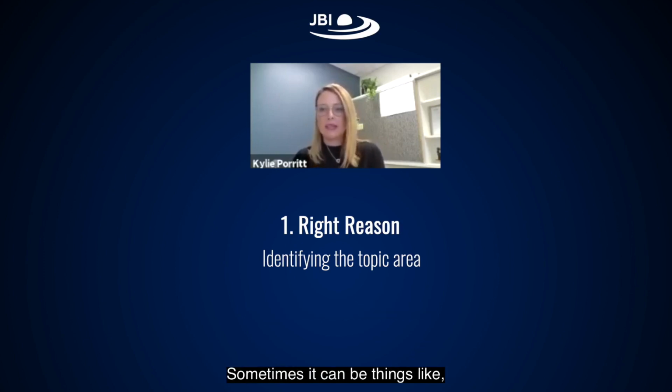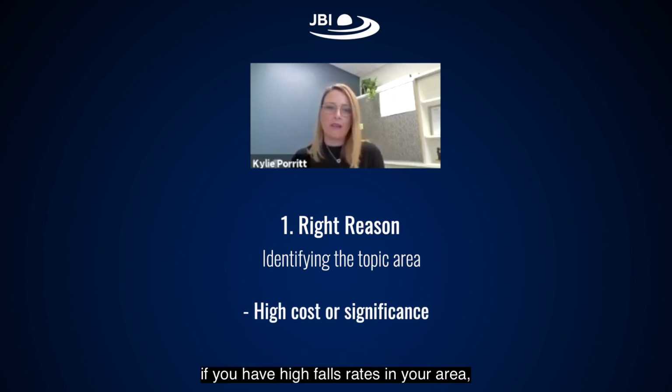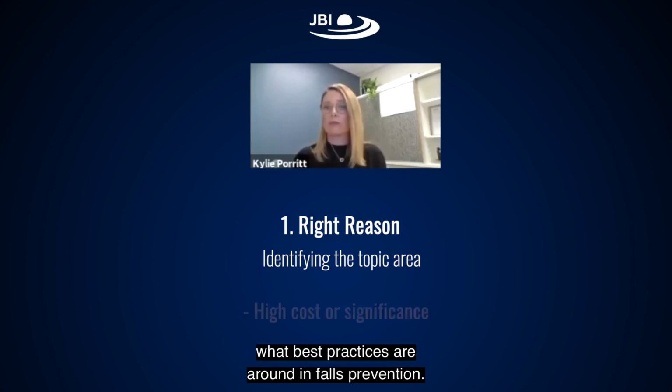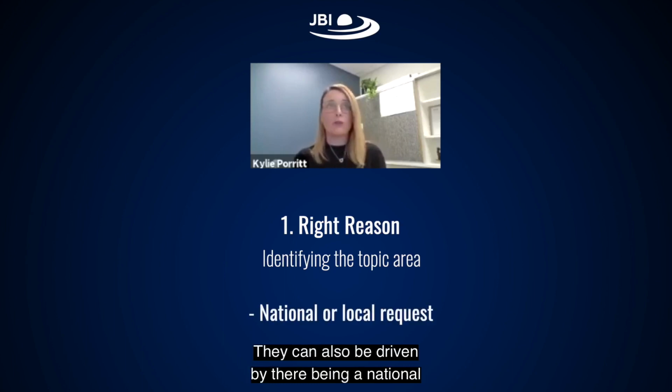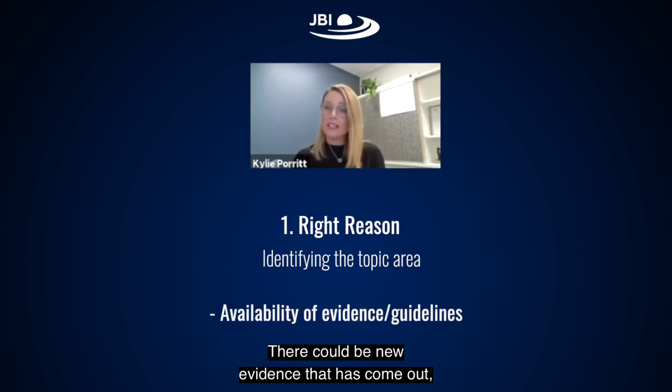Sometimes it can be poor outcomes, so for example, if you have high falls rates in your area, that might highlight a problem area, and you want to try and reduce the number of falls. So you might look at what best practices are around falls prevention. They can also be driven by a national or local request. There could be new evidence that has come out, and that can be the driver as well.